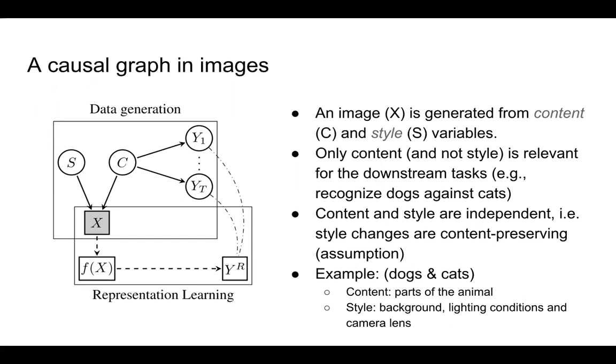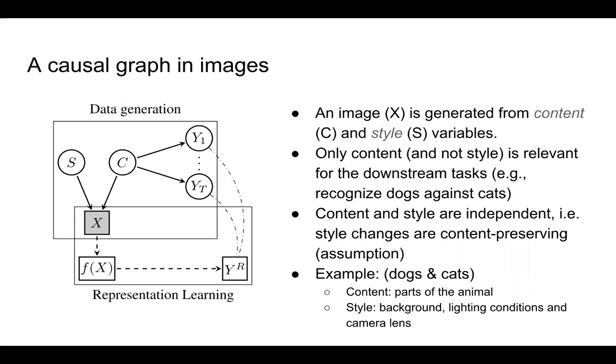So let's first see a causal graph about images. Let's say an image X is generated from content and style. Somehow like, if our task is to recognize dogs and cats, for an image, maybe our interest is the animal, either cat or dog.